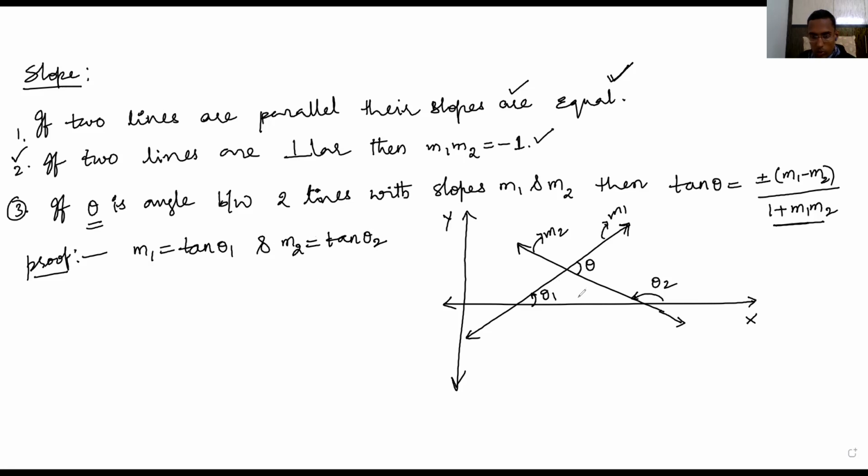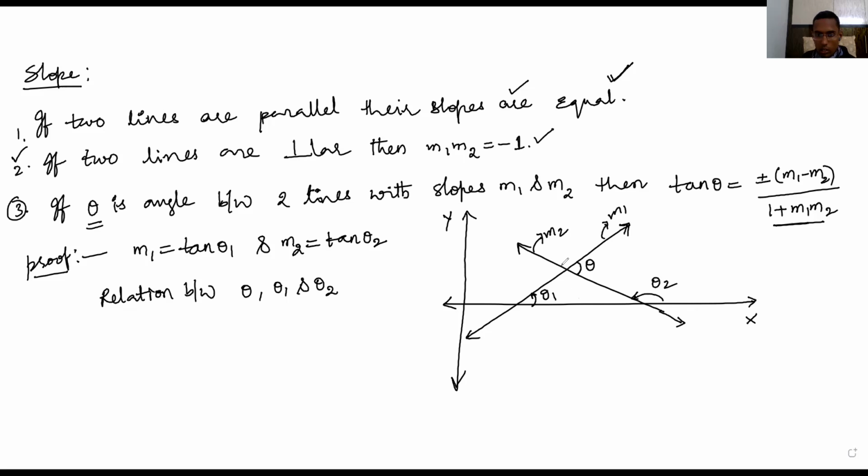Now, what is the relation between theta, theta 1 and theta 2? The sum of two interior angles equals the opposite exterior angle, or the sum of three angles equals 180 degrees.